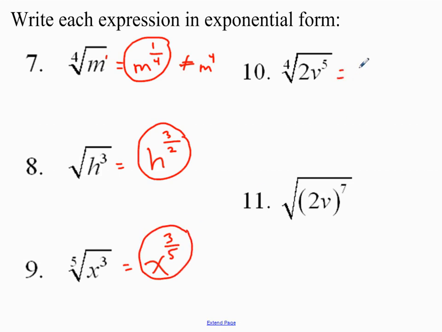This one, slightly cumbersome. You've got 2 separate factors. The 2 has an exponent of 1. So when you get to the 2, it's 2 to the 1/4 power over root. The v has a separate exponent, 5 over 4, power over root. So be conscious of that.